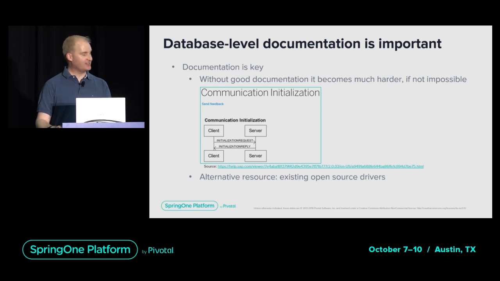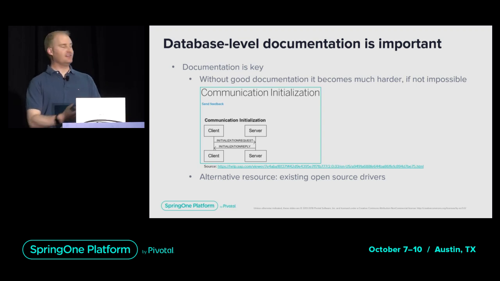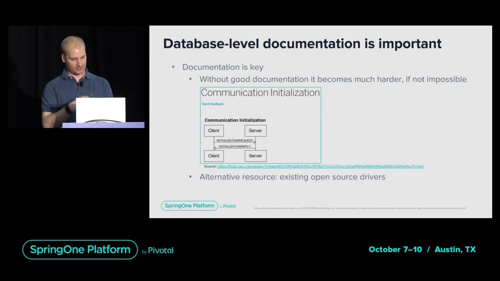So eventually, I found an existing open source driver that was written in Python, available on GitHub. And that actually had that initialization request already implemented. And so I just took it from there, and then I was able to continue. So remember, if there's open source drivers, that's a good resource for figuring out things that are missing in the documentation, also to get implementation hints.